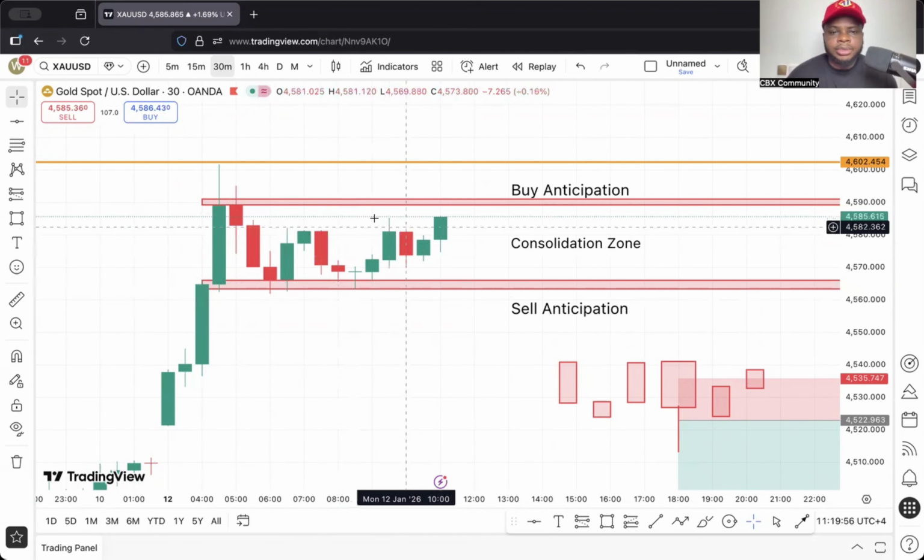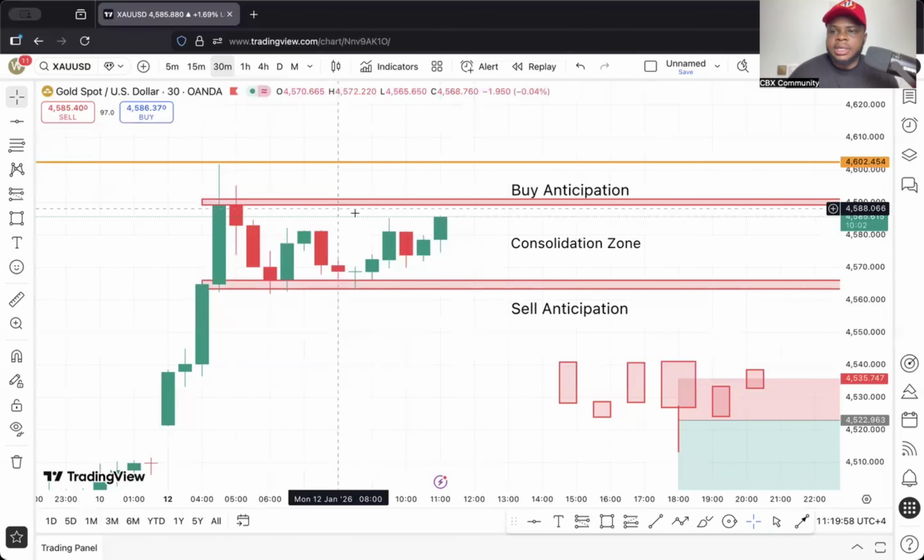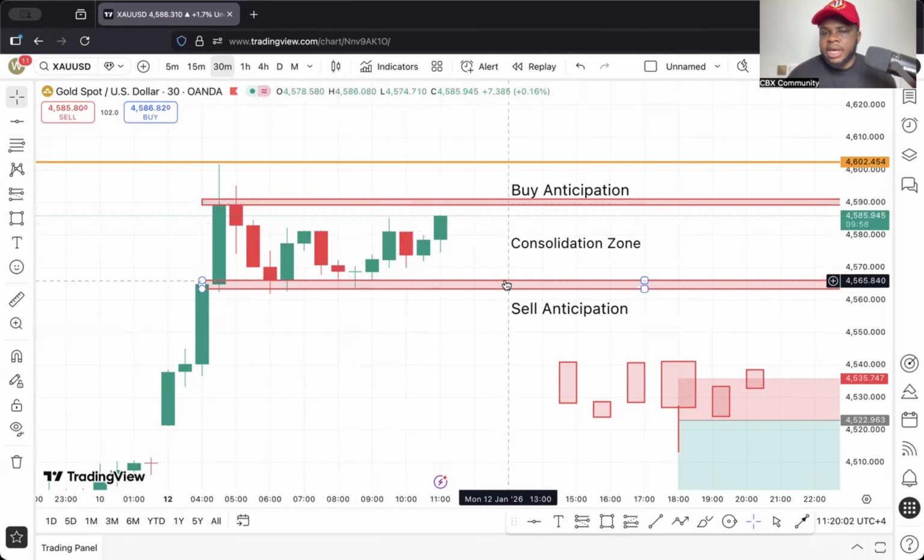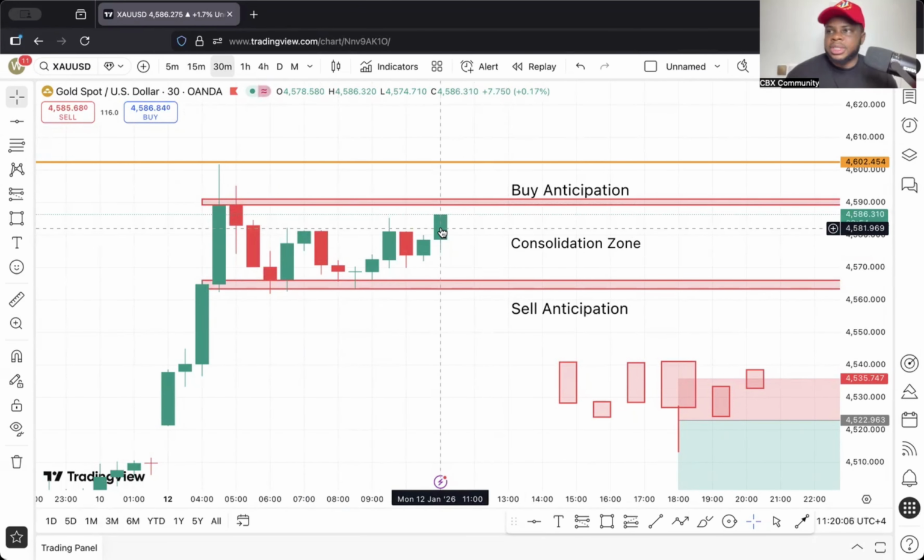This candle is about to break the high of our resistance zone, and the candle is left with 9 minutes before it will close. So the best thing is just for us to wait and see. I'm going to tell us if it's the right time for us to take a position, but for now, we don't need to do anything. Let's just wait and see.